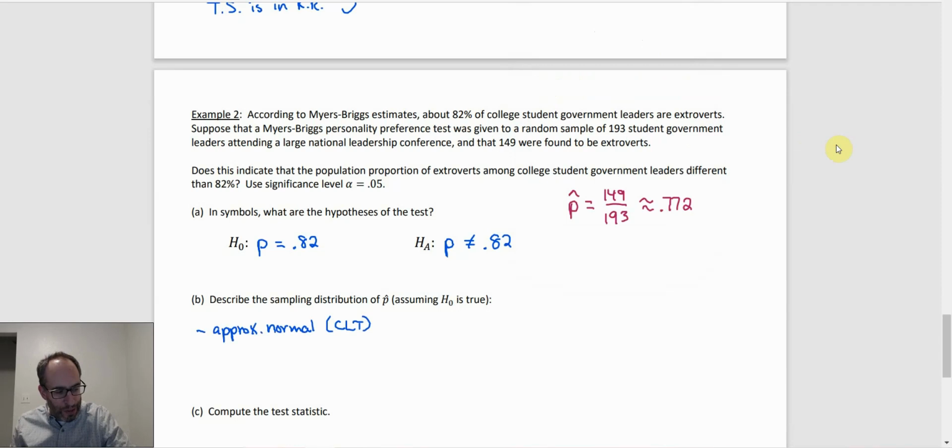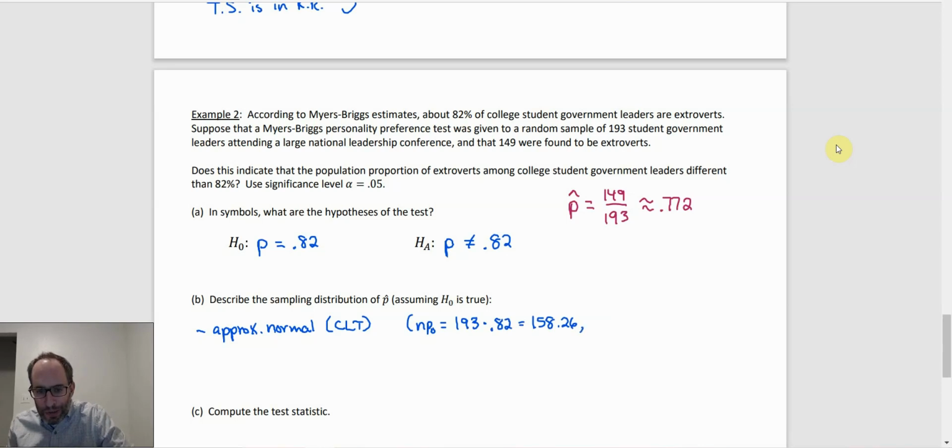And let's see, so then if you did the multiplication, n times p0 would be, so n is 193, so it's 193 times 0.82, which is about 158.26. Okay, that's big enough, right? It just had to be at least 5, so we're good there.